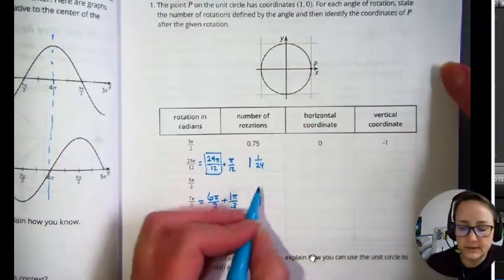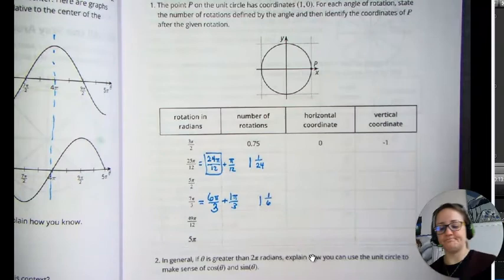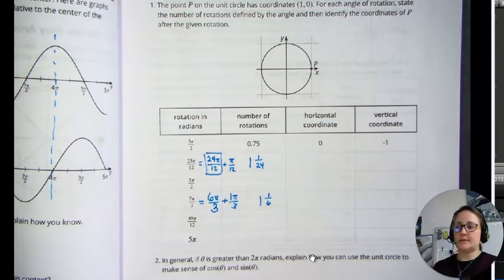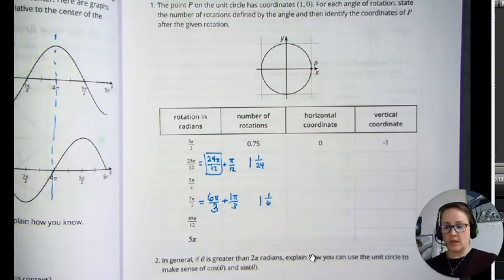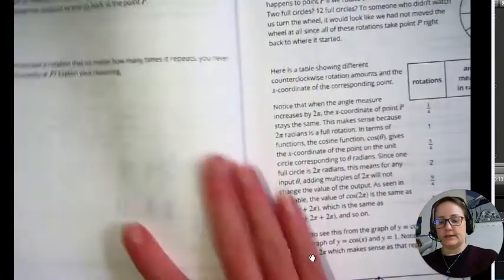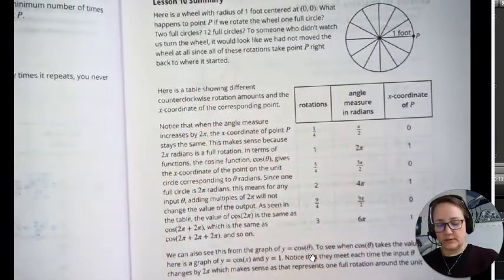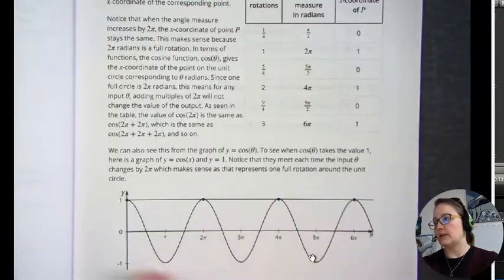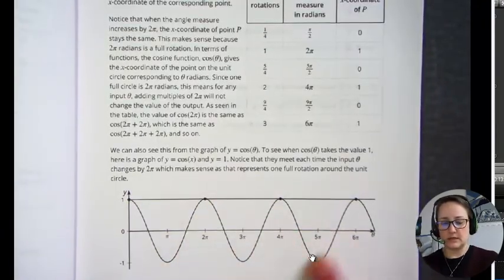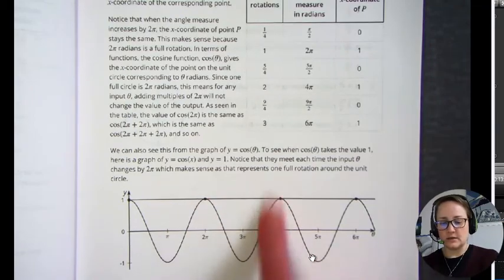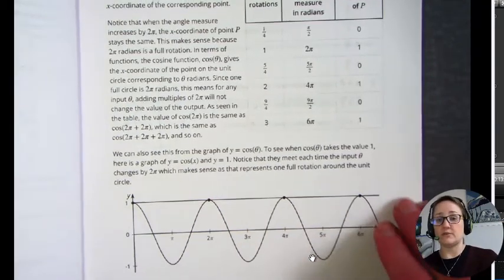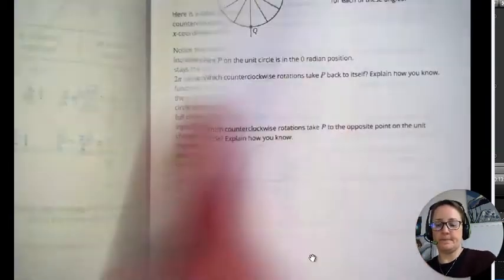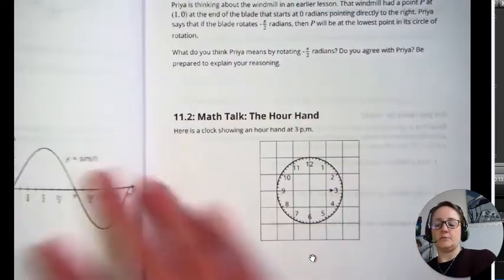So it would be 1/6 of a rotation. So we can keep on going. You can take a look at our lesson summary. It's doing that same thing. It's again just saying, notice that each time we go through these waves, they hit at multiples of 2 pi.